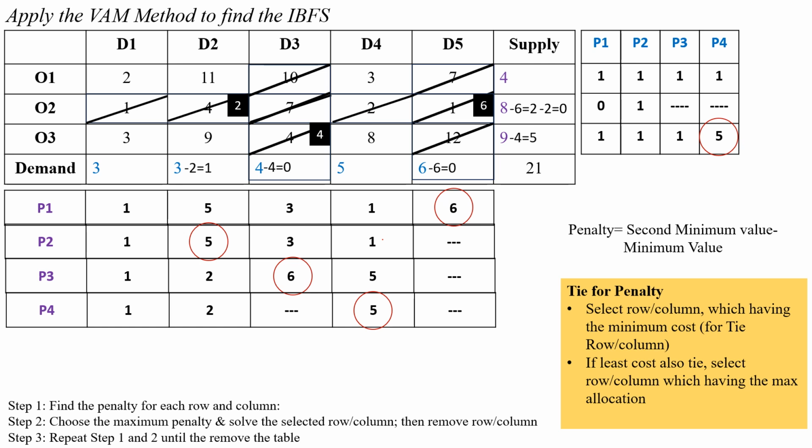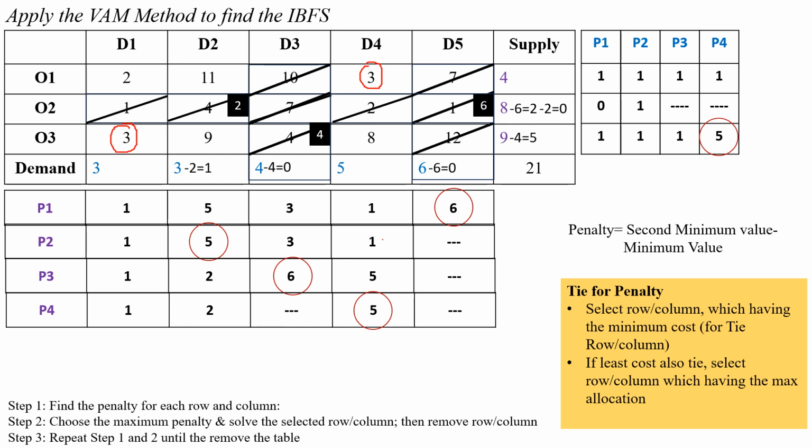So for the D4 column, minimum cost is the 3. Similarly for the O3 row, minimum cost is the 3. So here once again minimum cost also tie.